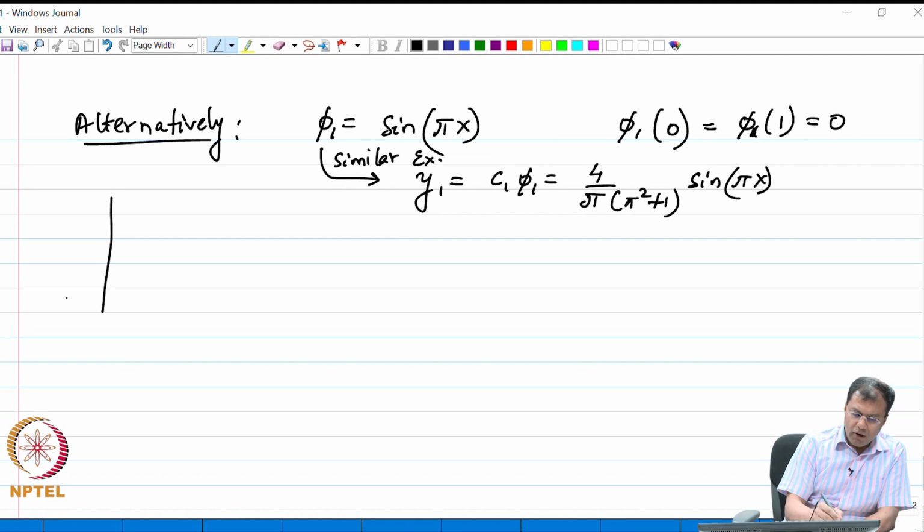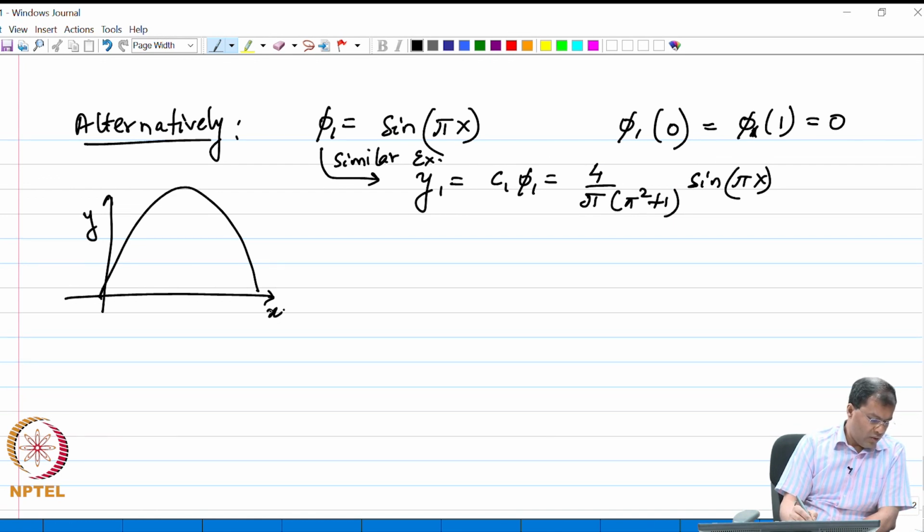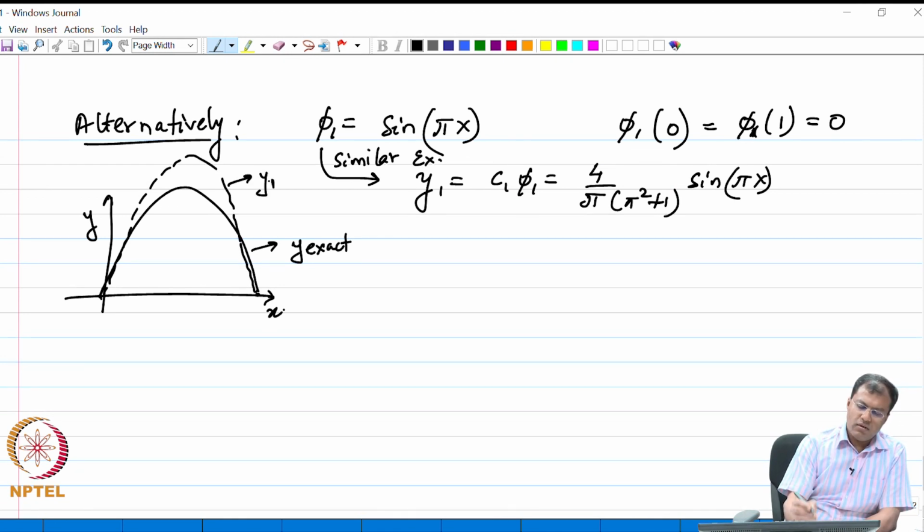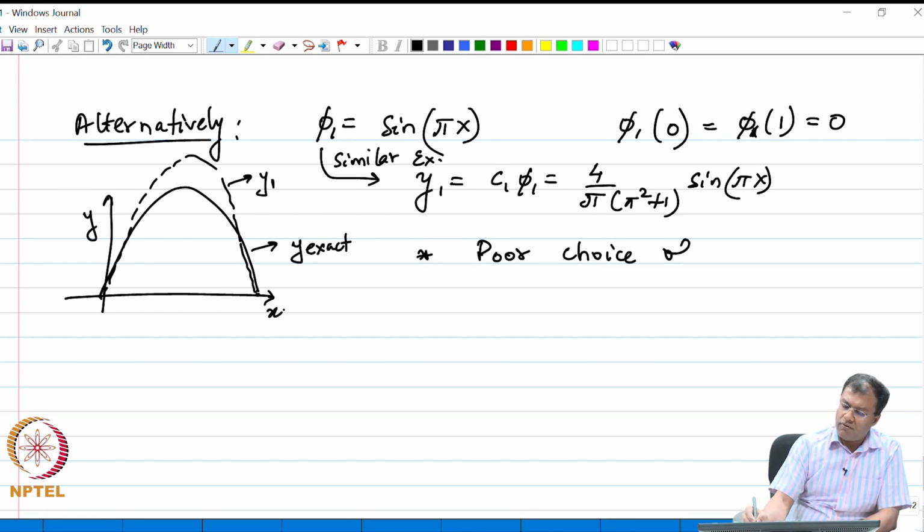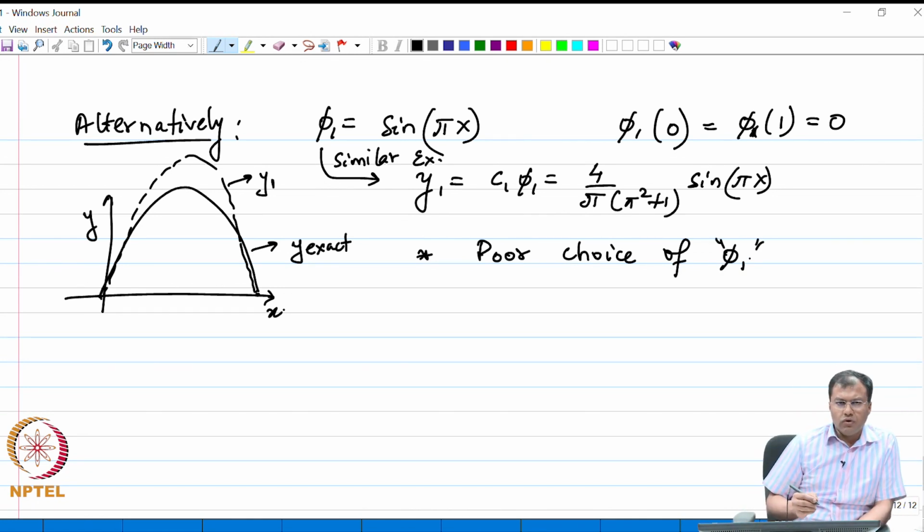If we now plot the exact solution with respect to the approximate solution, let us say this is my exact solution, the approximate solution in this case is poorer. Which means in this case we have a poor choice of phi 1. So this phi 1 is not a good choice.